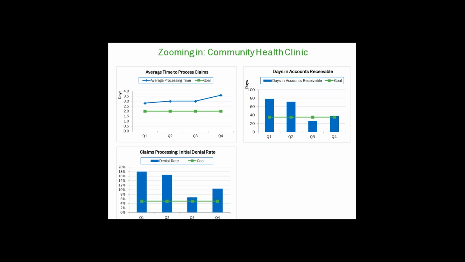Mm-hmm. So just, again, to look at this particular model of organization, obviously a number of people have questioned, how would you use dashboards to really focus in on mission outcomes? Can you talk about some potential ways that a community health clinic could track its mission-oriented outcomes in a dashboard?